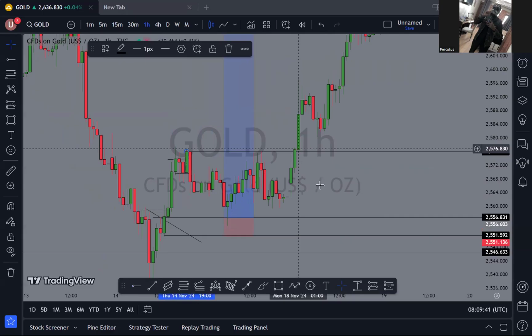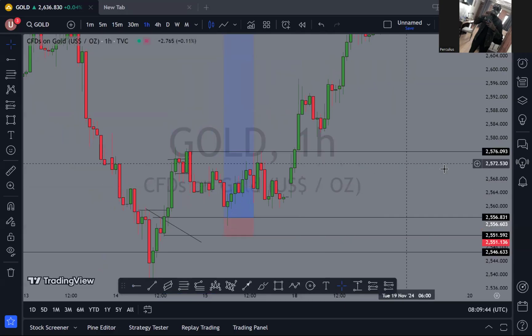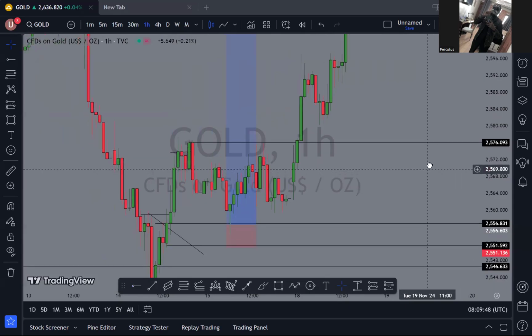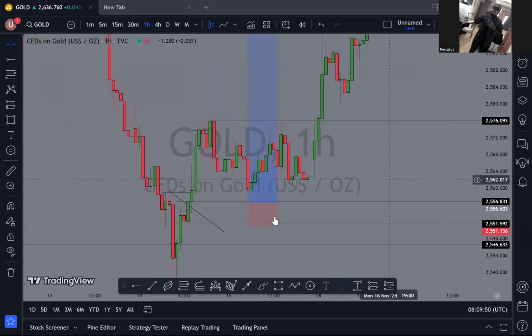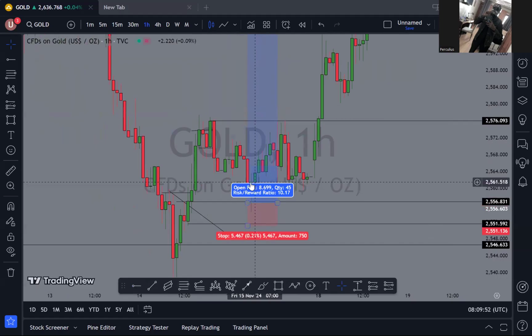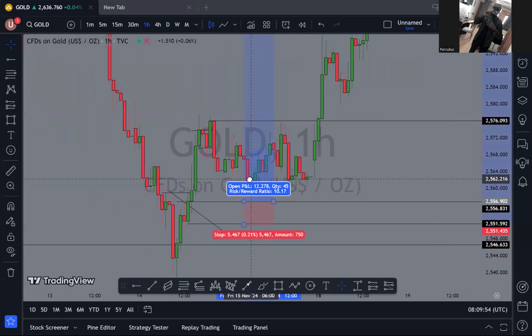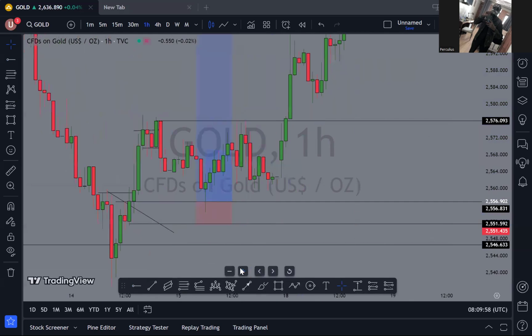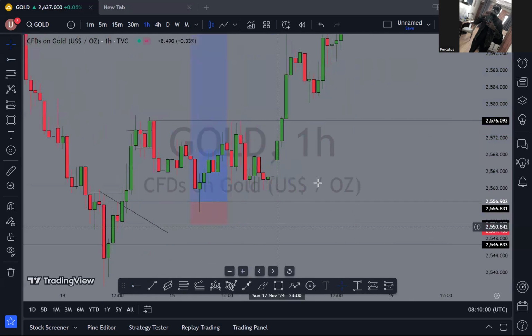and made another BOS. But let me show you on a re-entry place why you should get in after a change of character, after this confirmation has happened, right? And so basing this on the 1 hour, I'm still on 1 hour, you can see this happening.